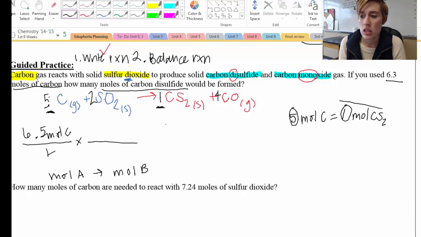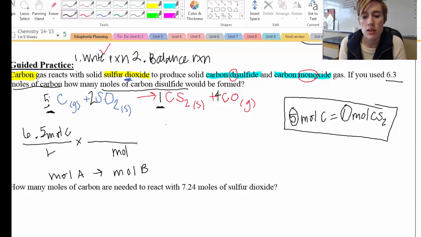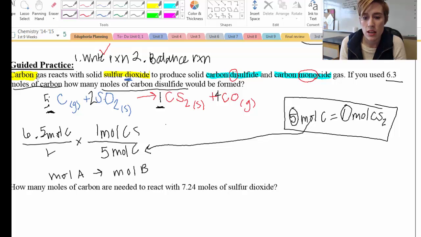So I'm going to use this conversion factor in my formula. Since moles of C is on the top, I want moles of C on the bottom. There's 5 moles of C. Just plugged that right in there. And then I'm going to moles of CS2. And this guy right here tells me there's only 1 mole of CS2. So I plug it in right there.